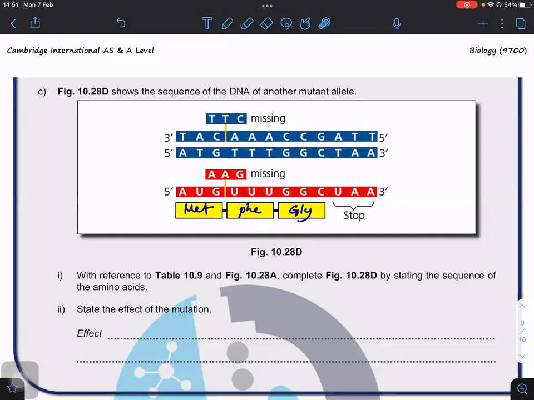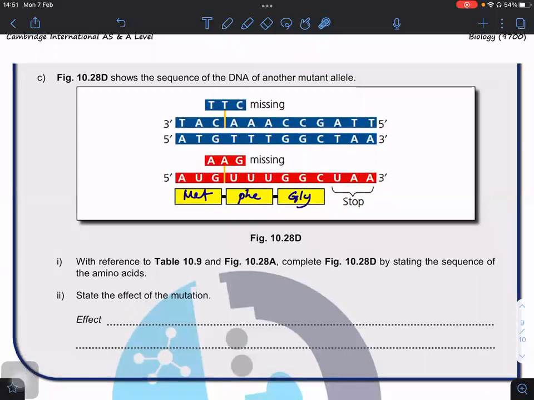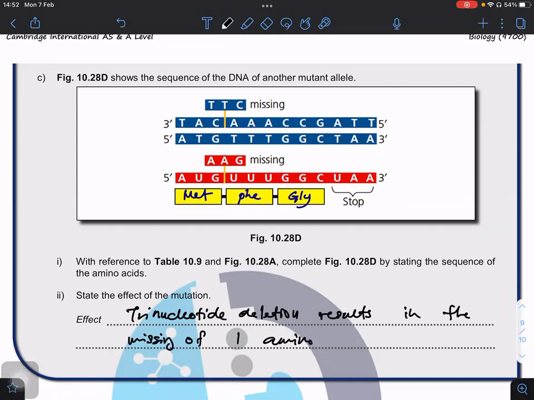Okay, so we say that this one is a trinucleotide deletion, which results in the missing of one amino acid, but the rest are the same.